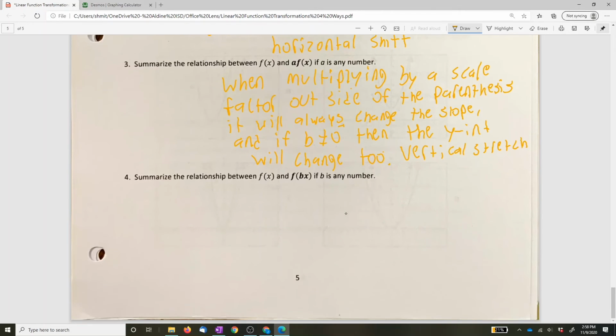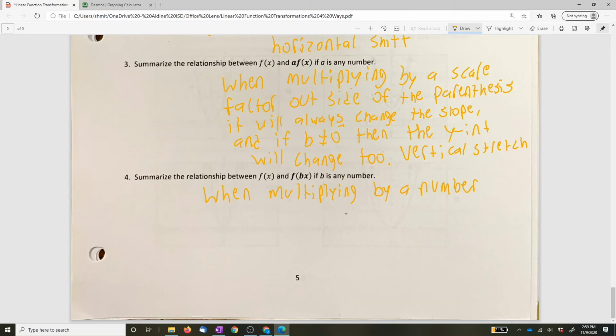Lastly, if we multiply by a number and it's inside of the parentheses, I wouldn't call it a scale factor anymore, because this one is not going to change everything.